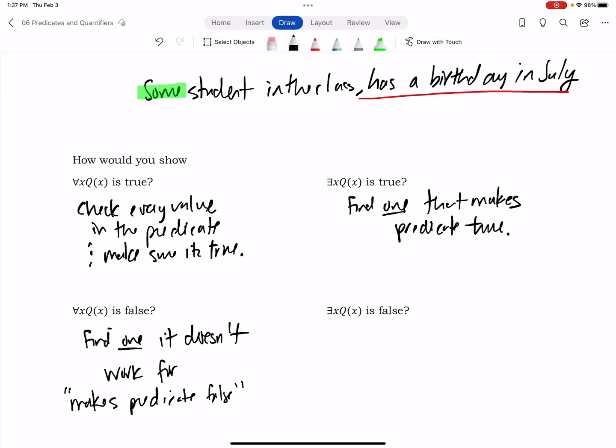You have to show that it's false for every value in the predicate. So go work through an example of this, and look at these predicates and see whether things are going to be true or false, so that you can see how these things work.